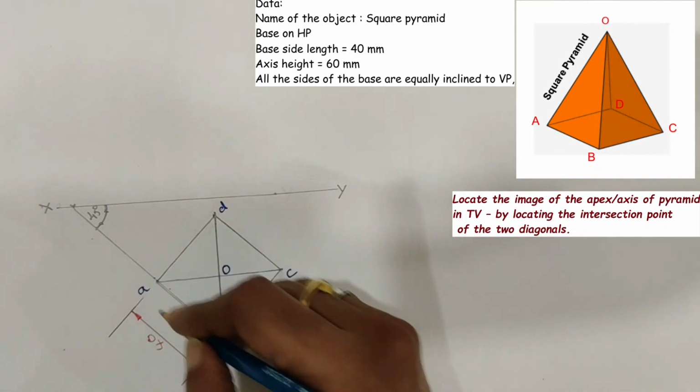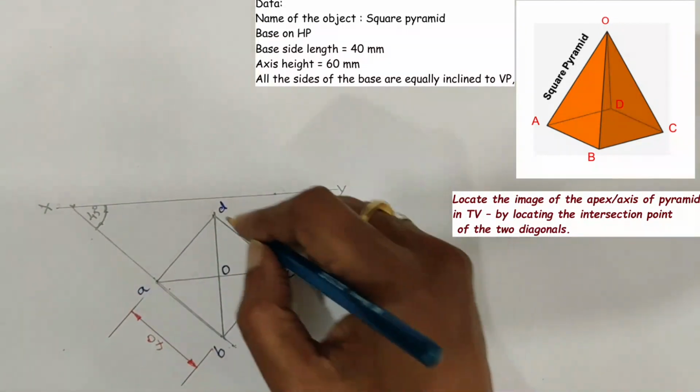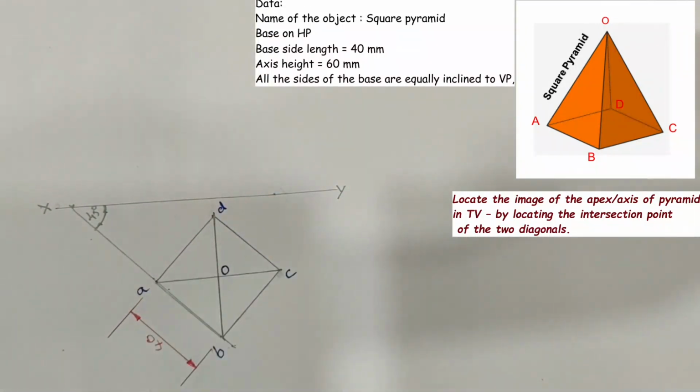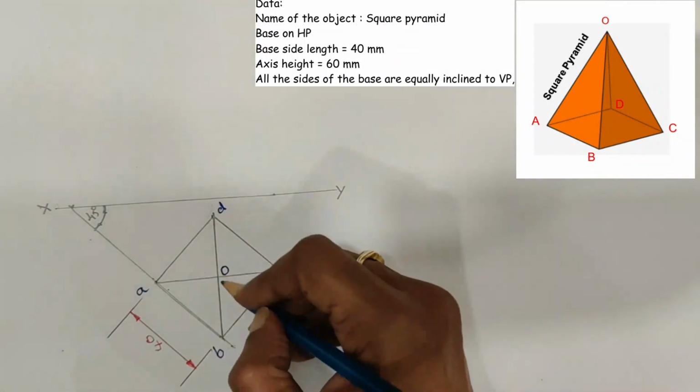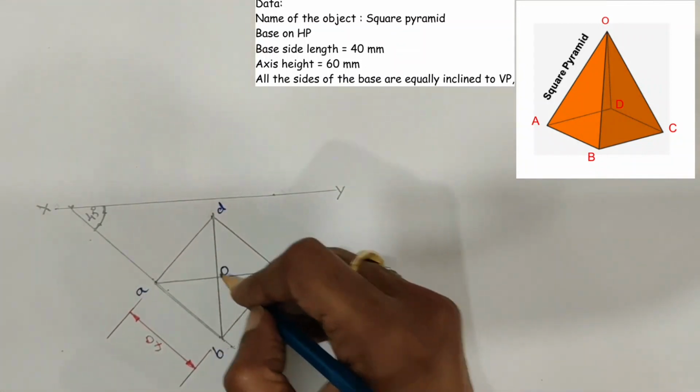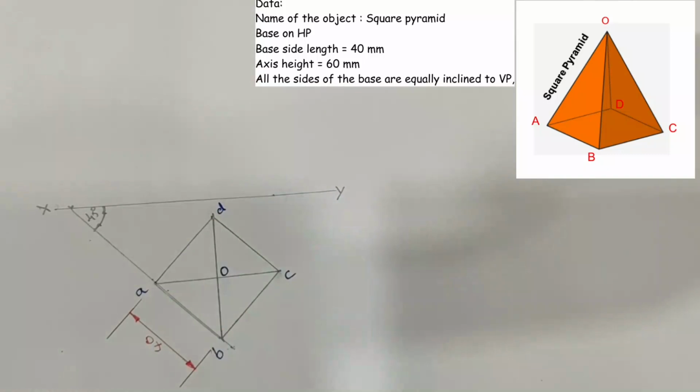Here, AB, BC, CD and DA are the base edges and OA, OB, OC and OD are the face edges of the square pyramid in top view. With this we completed drawing the top view of the square pyramid.